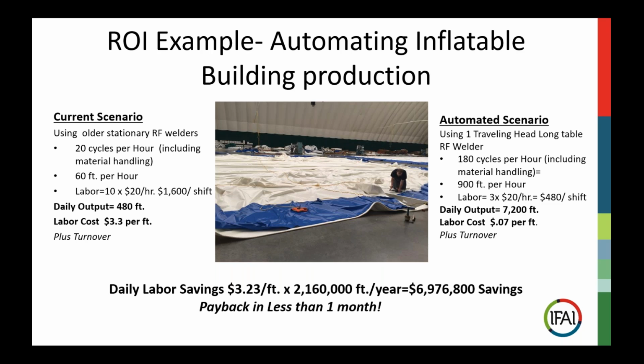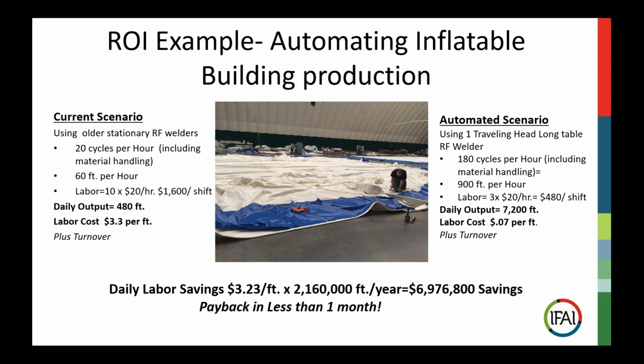This is mostly due to the material handling involved: folding, refolding, moving the material to the machine, going through a 36-inch cycle, and then doing it all over again. All of that wait time and loss of productivity adds up to only about 60 feet per hour. Let's say they pay a loaded cost of $20 per hour to each employee. That's about $1,600 per shift for 480 feet. The labor cost per foot is $3.30.